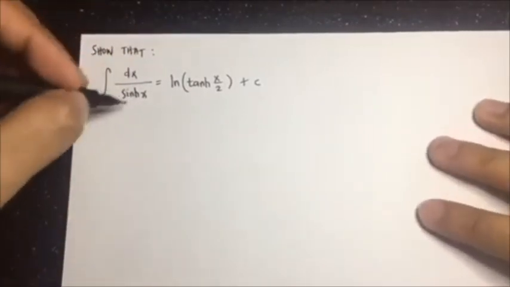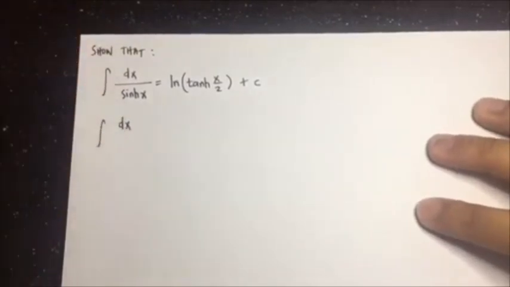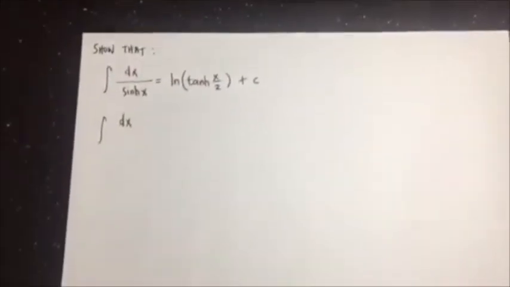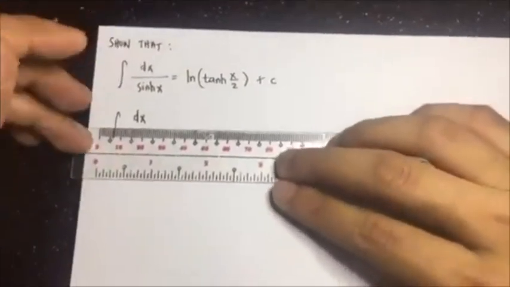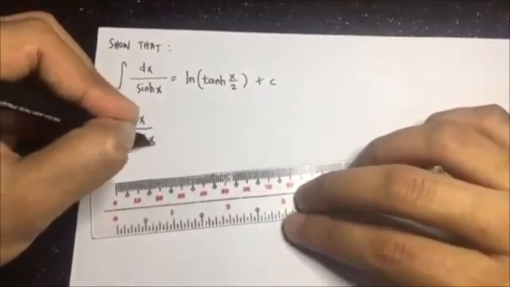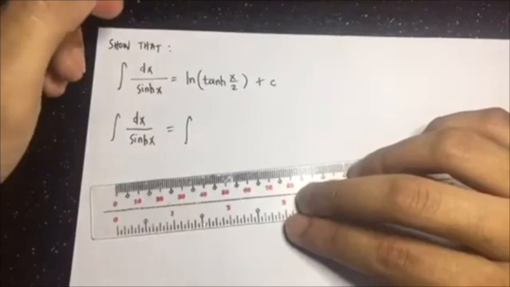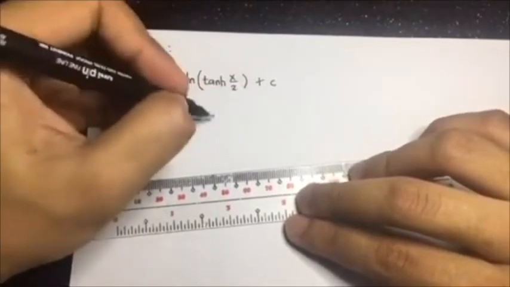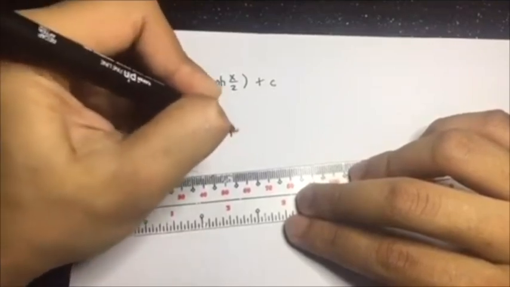So we have integral of dx over hyperbolic sine of x. We know that the reciprocal of hyperbolic sine is hyperbolic cosecant, so this will become hyperbolic cosecant of x dx.